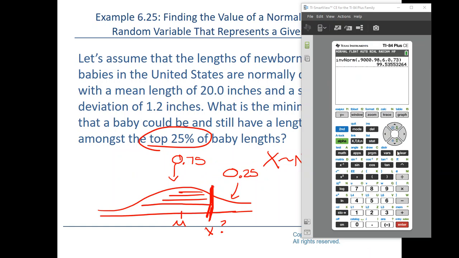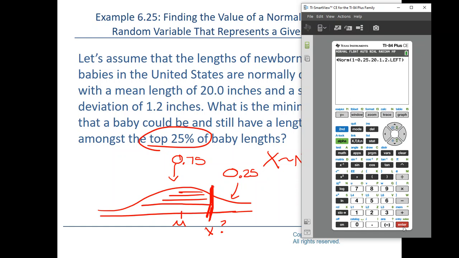Okay, so again, I'm just going to clear my calculator so I have it fresh. Second vars number 3, and again, I'm going to put the area 0.75. Now you guys can actually put in 1 minus 0.25 or you can put in the 0.75. It's actually going to work both ways there, which is really nice and cool.